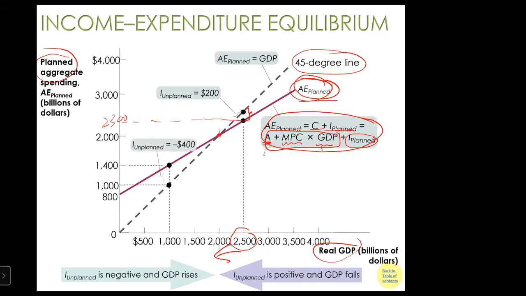Now say, for example, you have been too pessimistic or your adjustment becomes too dramatic. Now we are here, so you produce 1,000. By looking at the same equation, we find the demand is going to be 1,400. Now the reverse is going to happen.